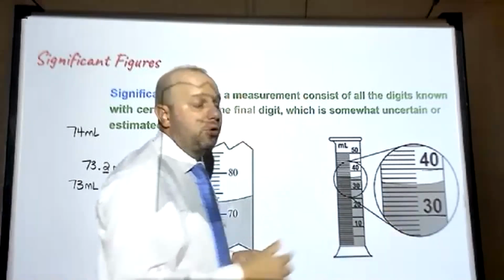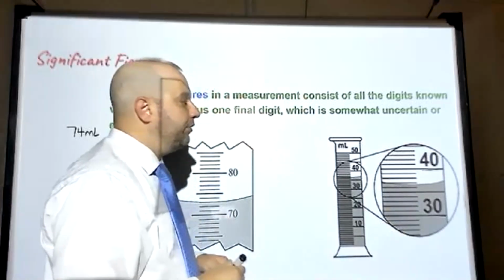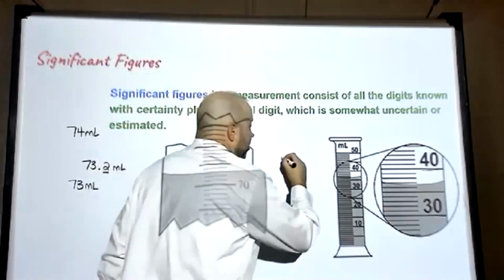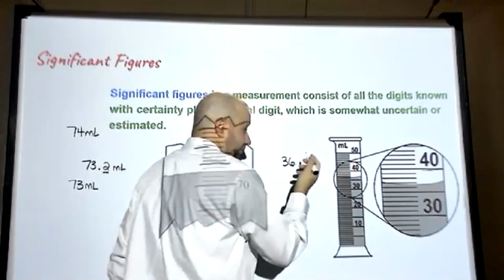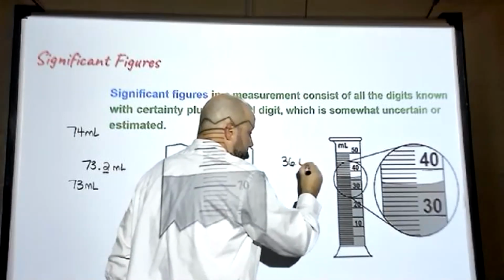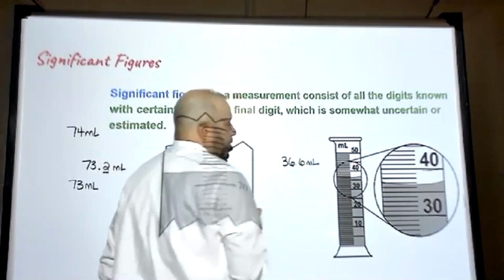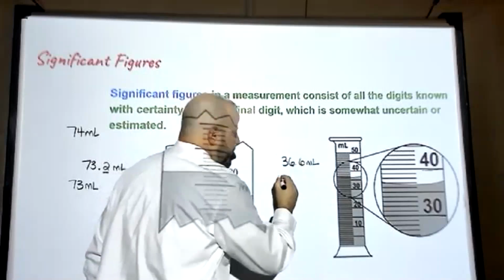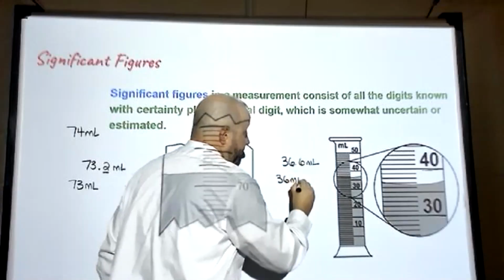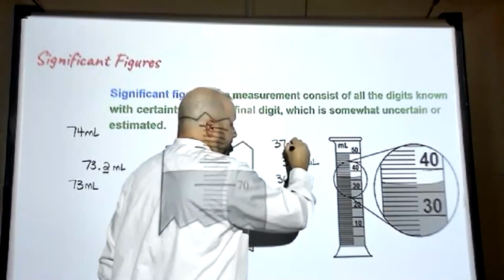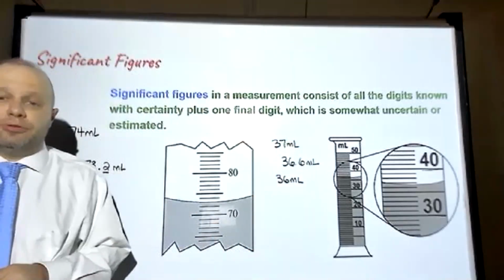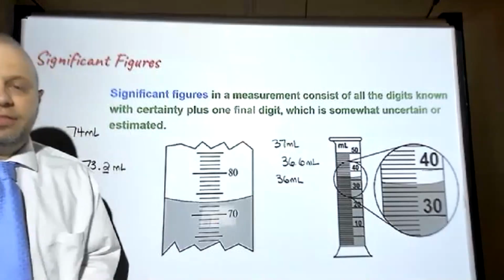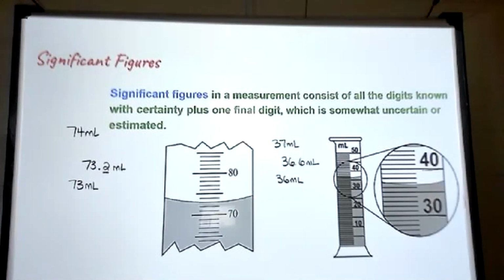So we know that it's more than 36, but less than 37. So we can put in there 36 point, and you could give it an estimate. This part is always going to be up to you. So 36.6 milliliters. So that means it's higher than 36, but less than 37. Okay, perfect. Let's take a look at the next slide.